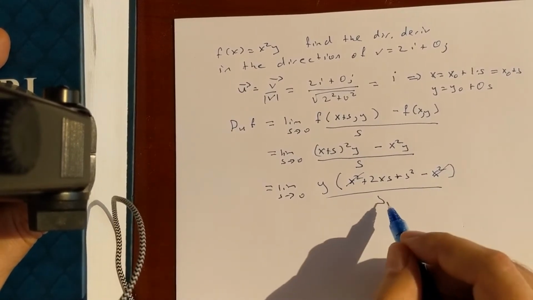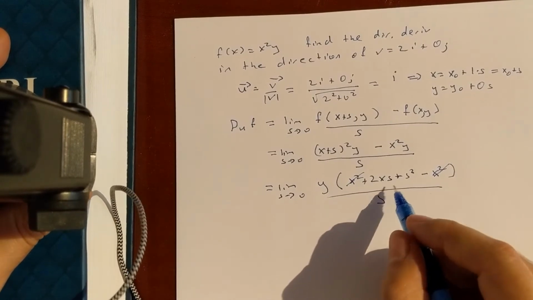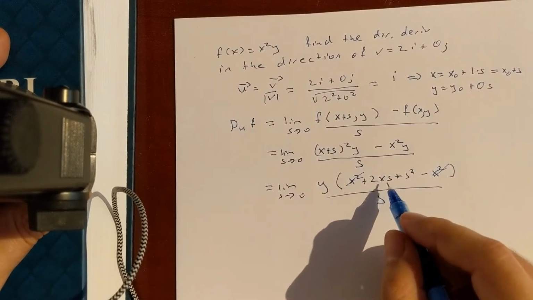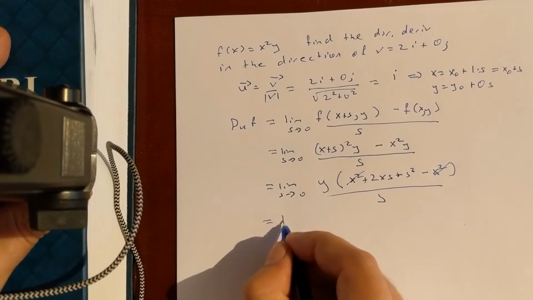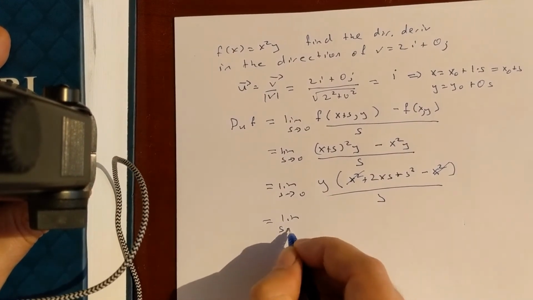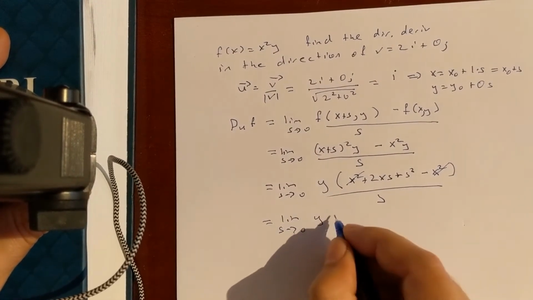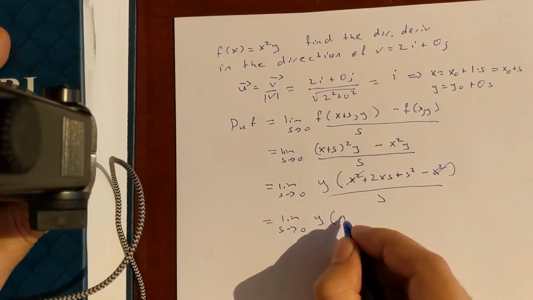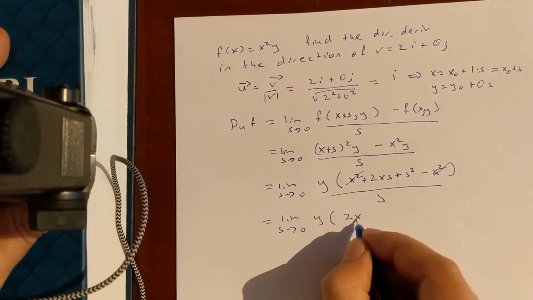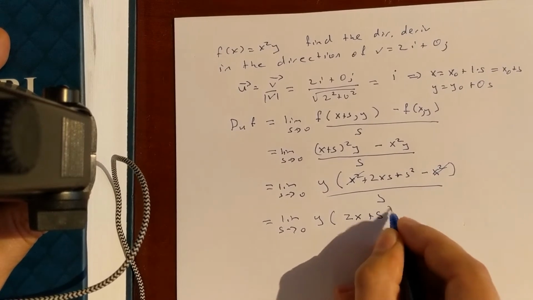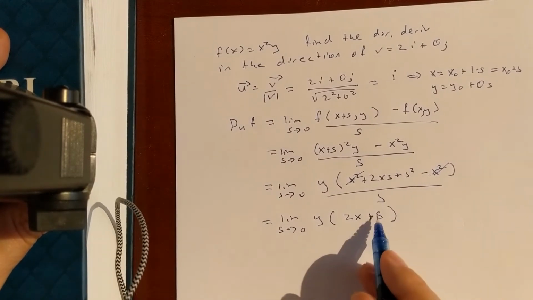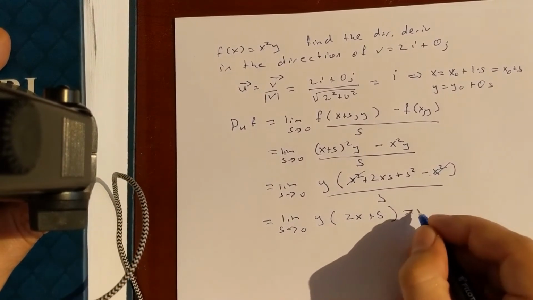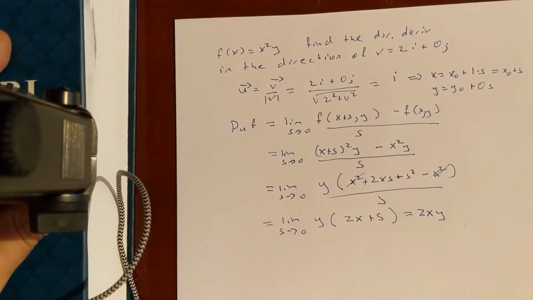And now when I do the division by s, we have the limit as s goes to 0 of y times, when I cancel the s, 2x plus s. As s goes to 0, obviously this goes to 0, so we actually just have 2xy.